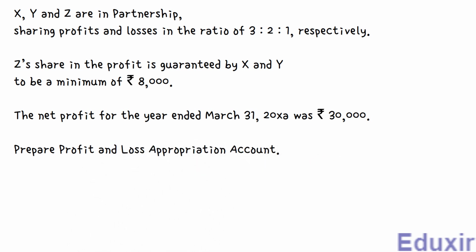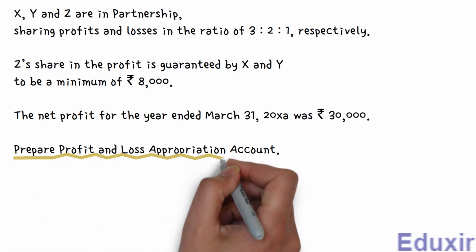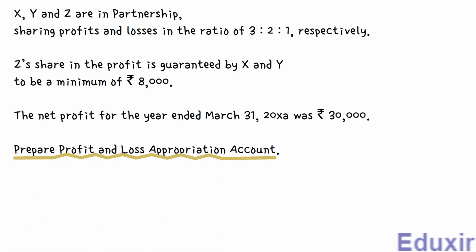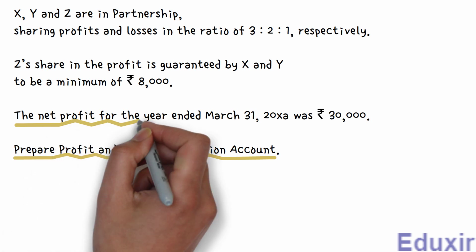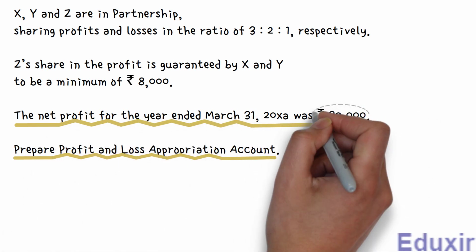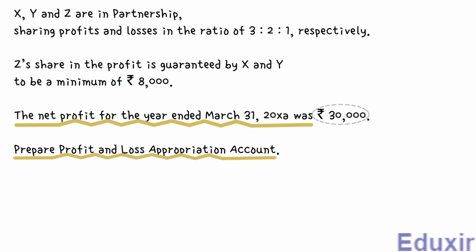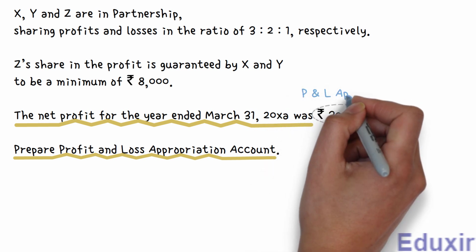So, as per the problem, we have to prepare the profit and loss appropriation account. Nothing else. It is given in the problem that the net profit for the given year is 30,000 rupees. Now, we know that the net profit is nothing but a credit balance in the profit and loss account. For distributing this net profit, we prepare the profit and loss appropriation account. So, we need to transfer this net profit on the credit side of the profit and loss appropriation account.